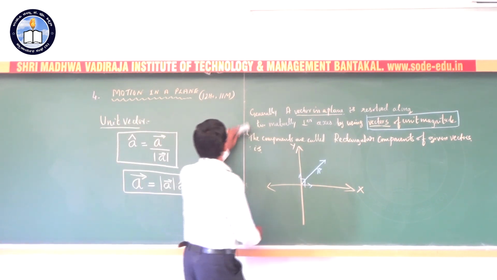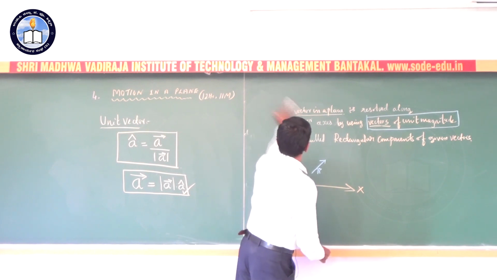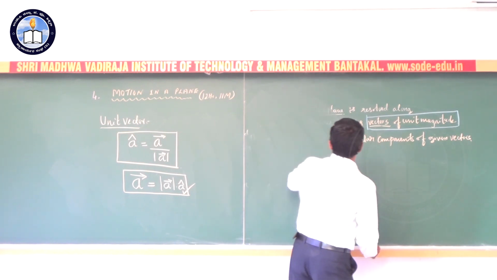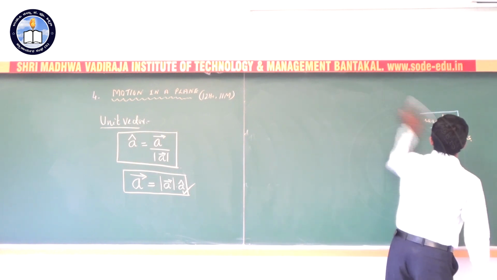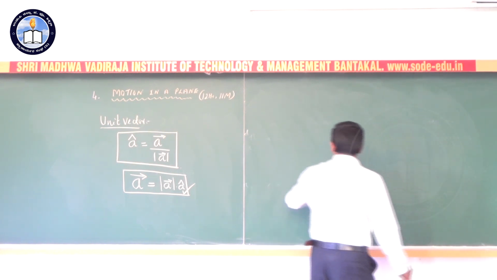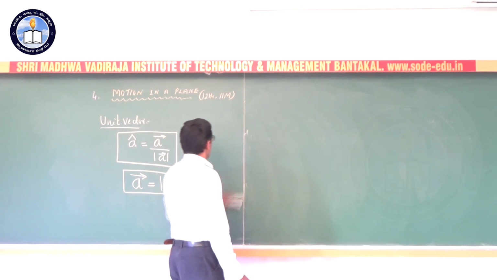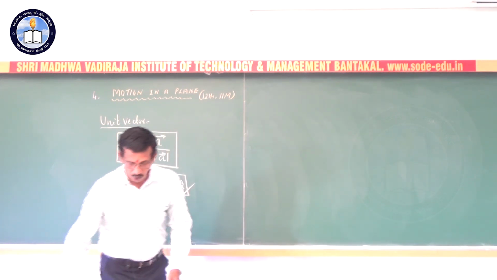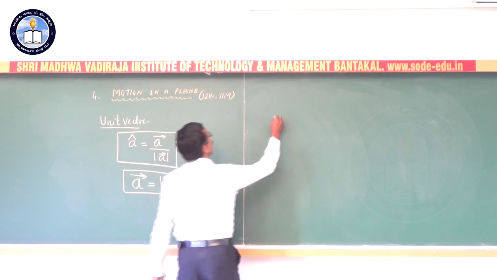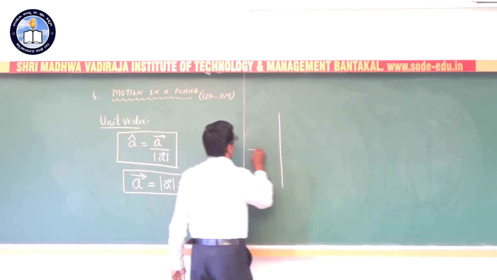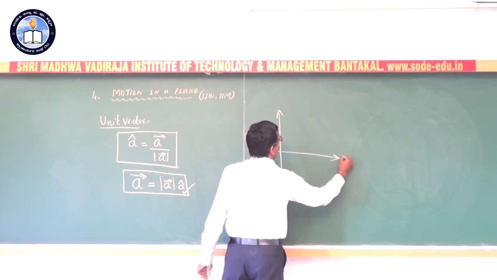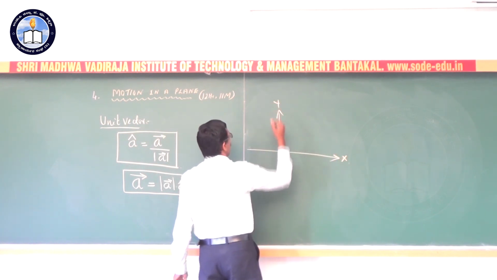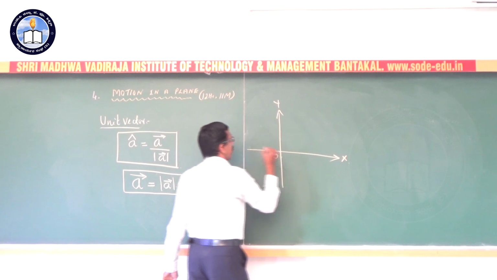In plane, we have two axes, and in space, we have three coordinate axes. So, first, this is representation of a plane. Here, this is the origin.